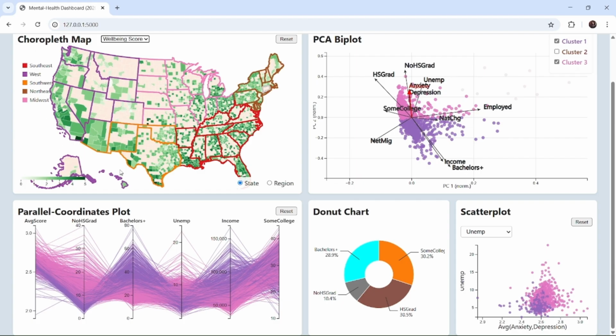And the lighter green parts would be the more vulnerable counties, and the darker greens are the ones that are doing well. So this is the dashboard that we prepared that gives us insight into how different socioeconomic variables relate with mental health state.